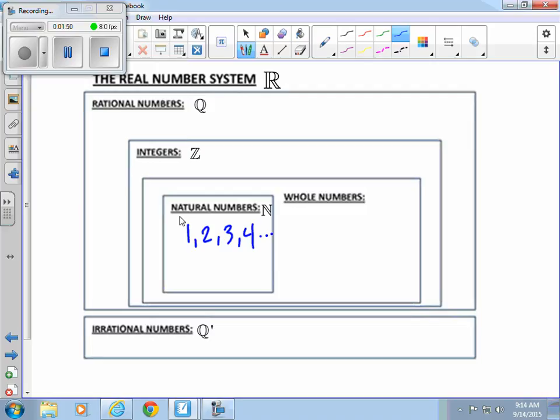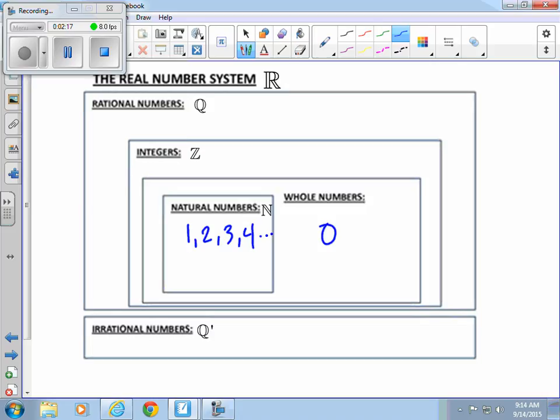Whole numbers are very similar to natural numbers. They include 1, 2, 3, 4, all of those, and 0. So they just add 0 into the mix. Some textbooks won't even designate the difference between whole numbers and natural numbers, but some will. Integers. Does anyone know what integers are?